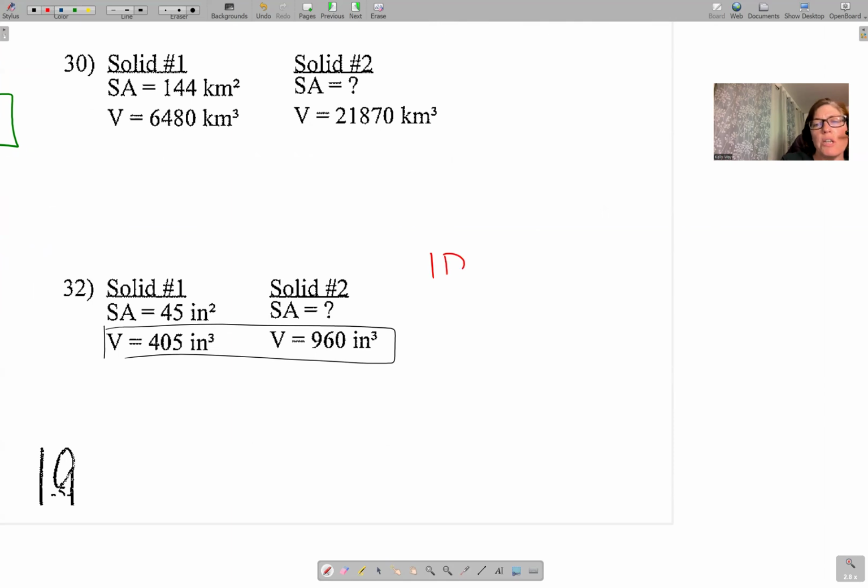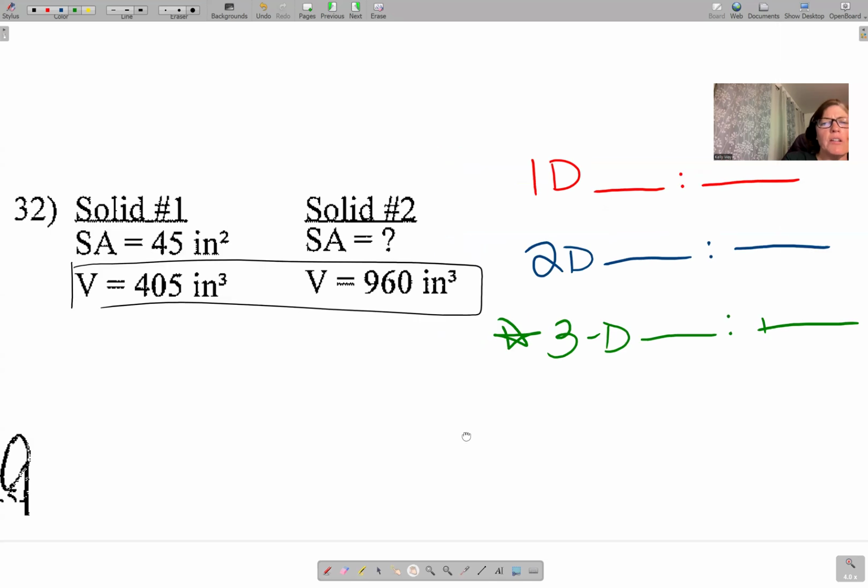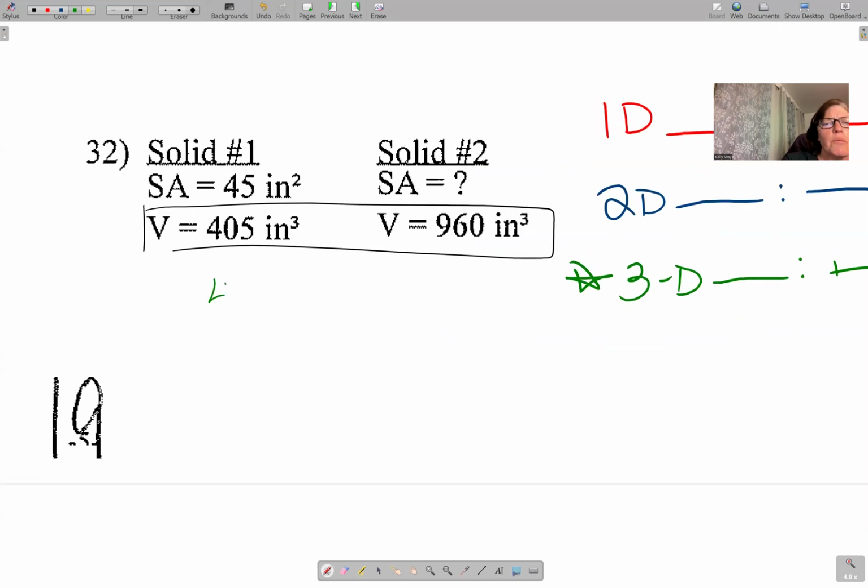So we have 1D, 2D, and 3D. So we are starting in the third dimension. So once again, you just start dividing by the same number. 405, 960. Both of those are divisible by 5.